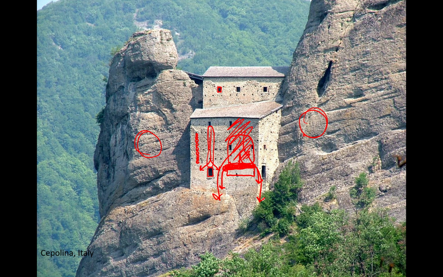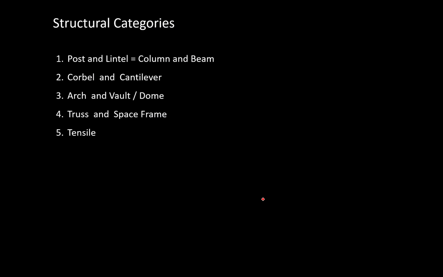There's 5 basic structural categories. Post and lintel, which I don't think most people use those terms anymore, but it's essentially the same as column and beam, right? So a post is a column and a lintel is a fancy word for a beam.